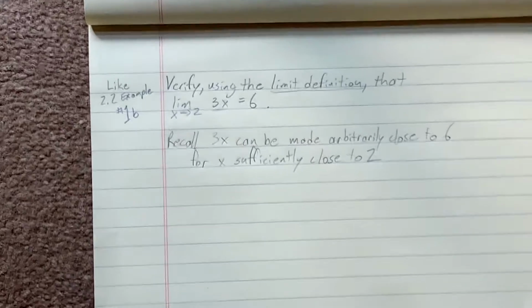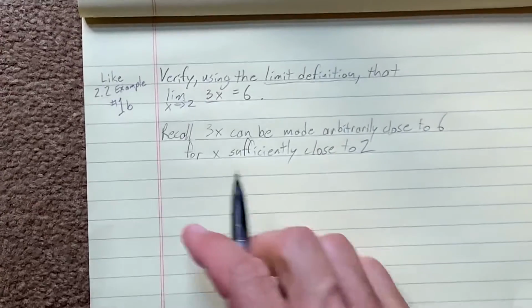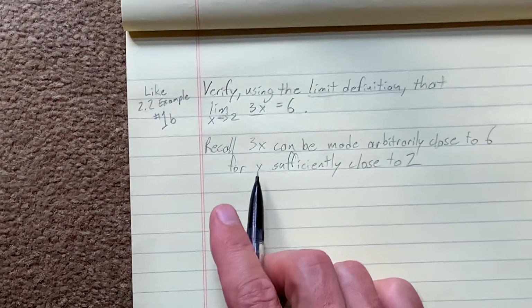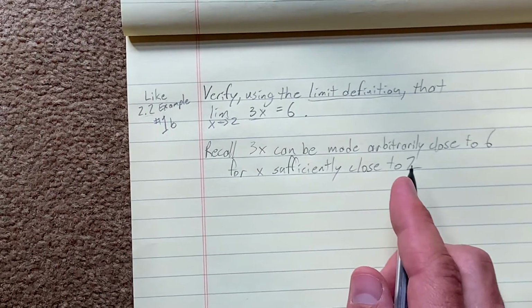In other words, however close you need your output to be to 6, you can get that if you make x sufficiently close to 2.